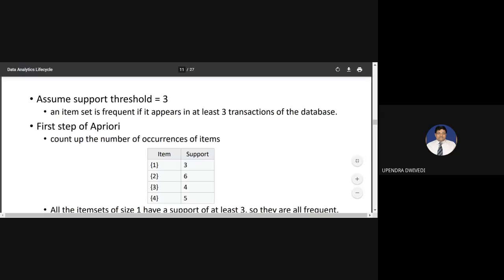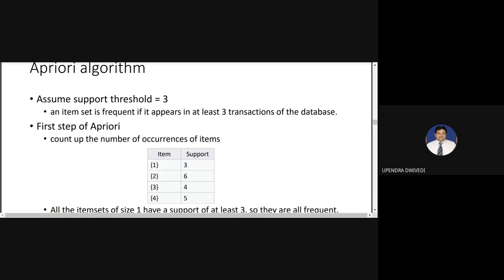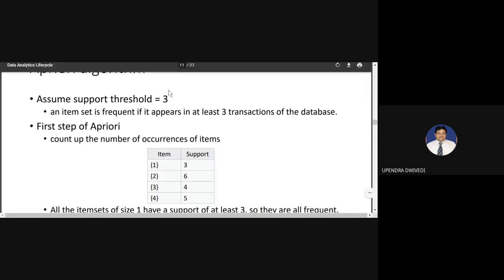You can also take a support of 2, but 1 is not very useful, because every item in the database is bought at least one time, so every item has a support of 1.